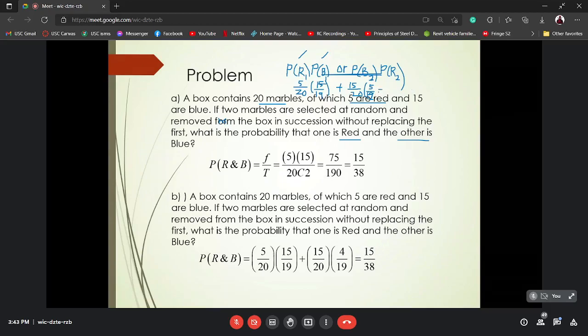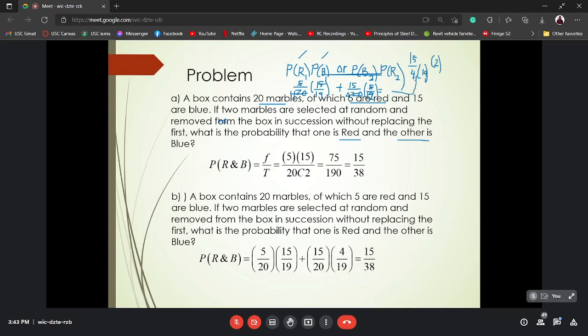If you are going to simplify this, let me check now. This one here will become 4. So we have 15, then 4, over 19. Here, 15 and 20, so this one will also become 4. That means the result would be 15 over 4, then 19, and multiply everything by 2.